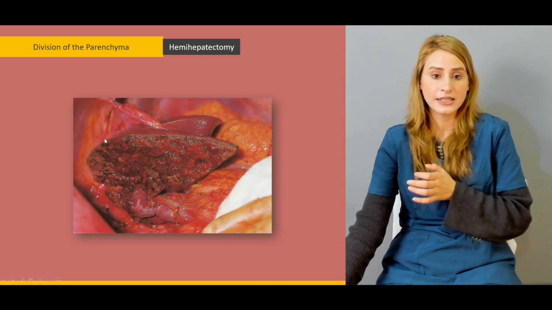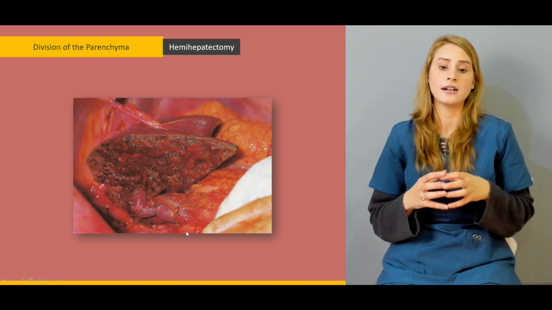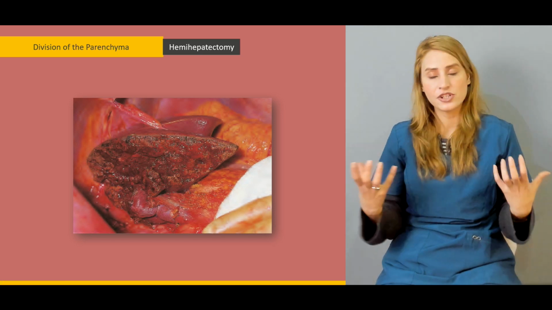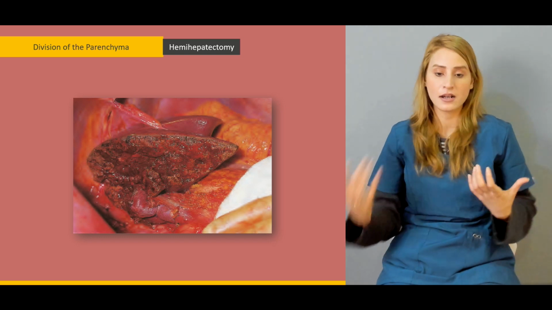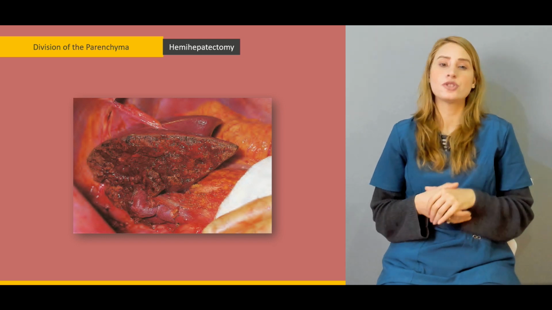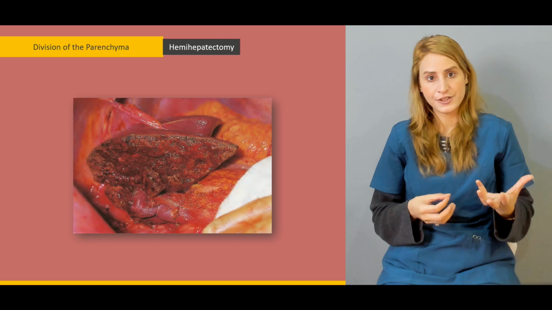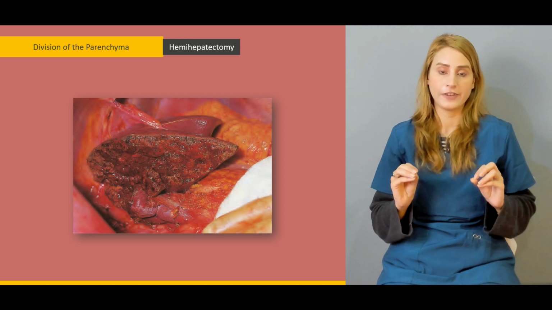Now, the division or resection of the liver. In the previous stages, when not much surgical help was available, usually a finger method was used, and the parenchyma was crushed with the fingers.